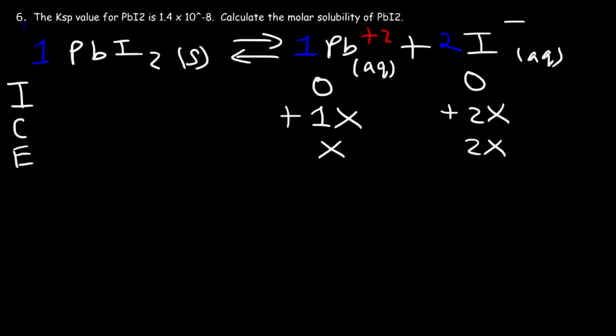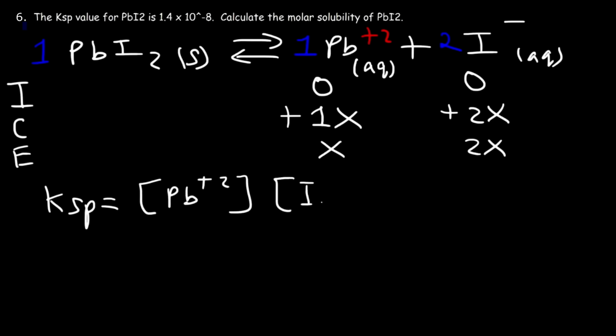So now let's write the KSP expression for this reaction. So it's going to be Pb 2+ times the concentration of iodide. Now the coefficients will turn into the exponents in the equilibrium expression. Now KSP for lead(II) iodide is 1.4 times 10 to the negative 8.